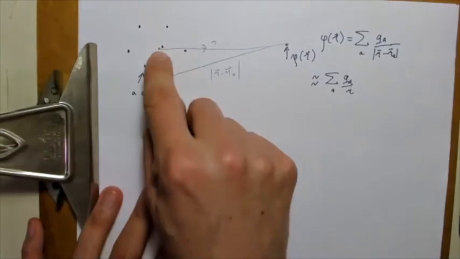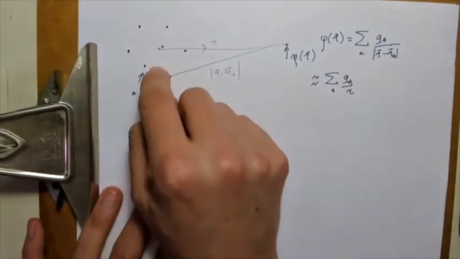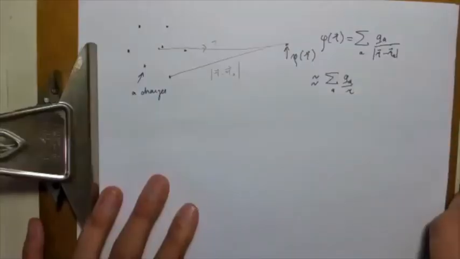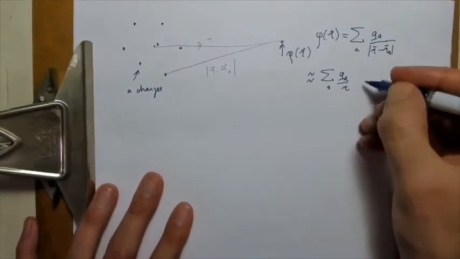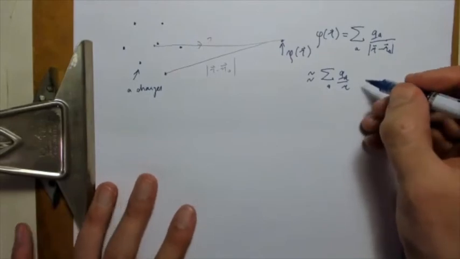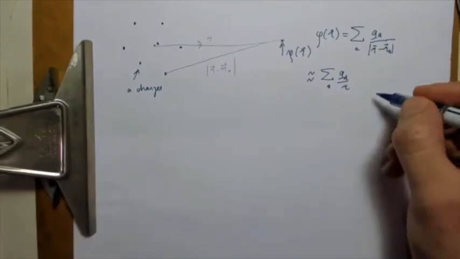If it is in this direction, then it doesn't really change the distance to first order. It changes the distance to second order. So the second order is that projection of that position.